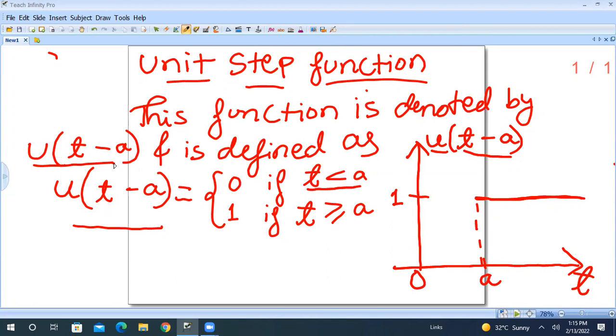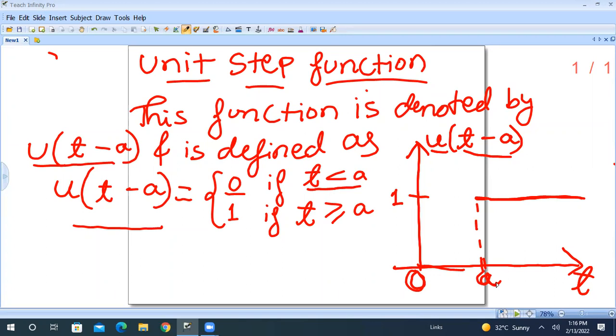By seeing this graph, the initial value is 0. On the x-axis let us take t and on the y-axis u of t minus a. The first point is 0 when t is less than a, so 0 is the initial point at a. Then we take the point 1 when t is greater than or equal to a.